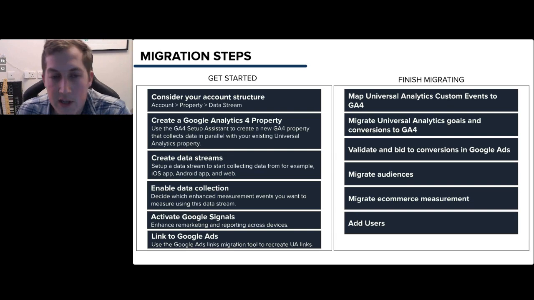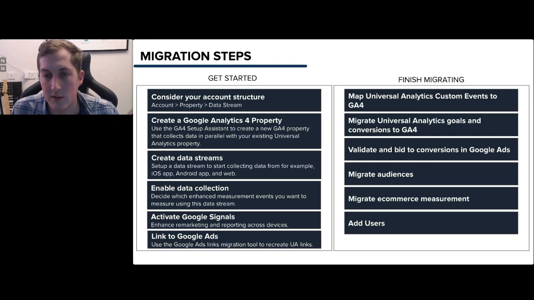And then next one on here, migrating audiences. Again, Google have provided a process for doing this. They've developed an add-on for Google Sheets, which exports all of your audiences from UA into a spreadsheet, and then you can identify which ones you want to create in GA4.